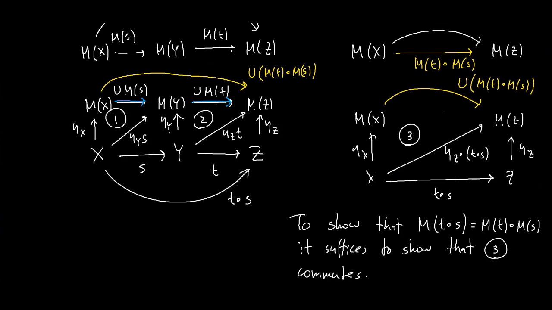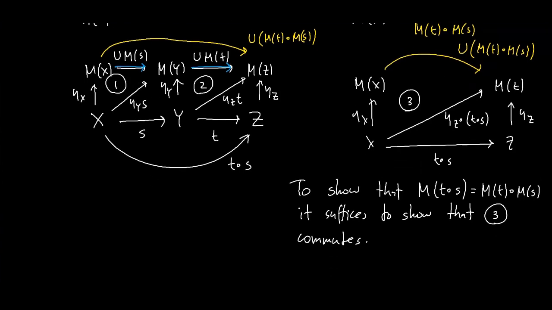And then again, these commutativity conditions can be put together. So I can algebraically write this out for completeness, but it's maybe even nicer to follow it on the diagram. So U of M of T composed with M of S composed with eta x.